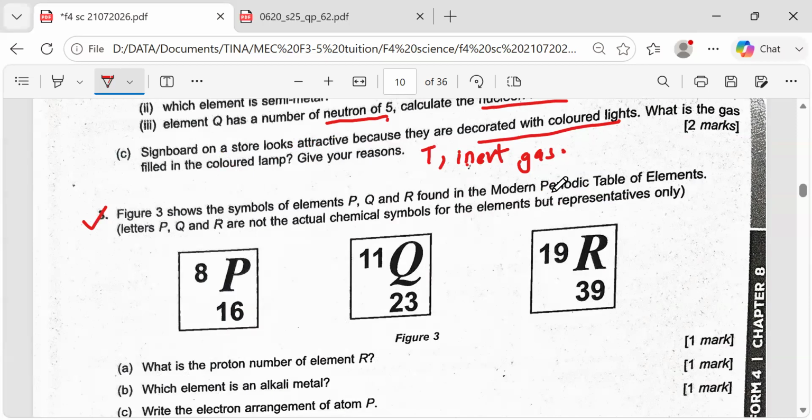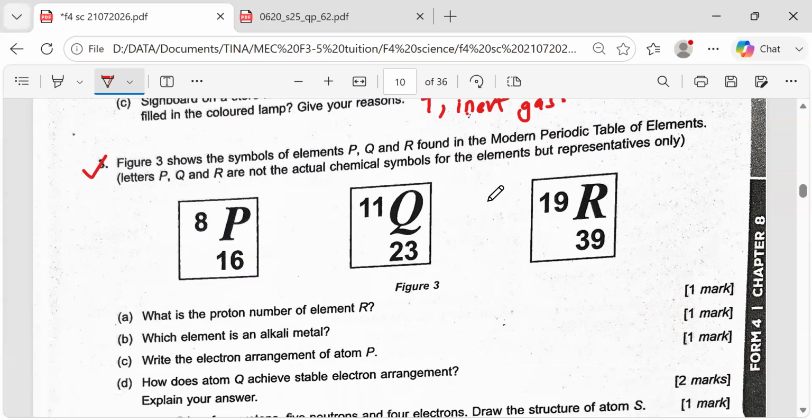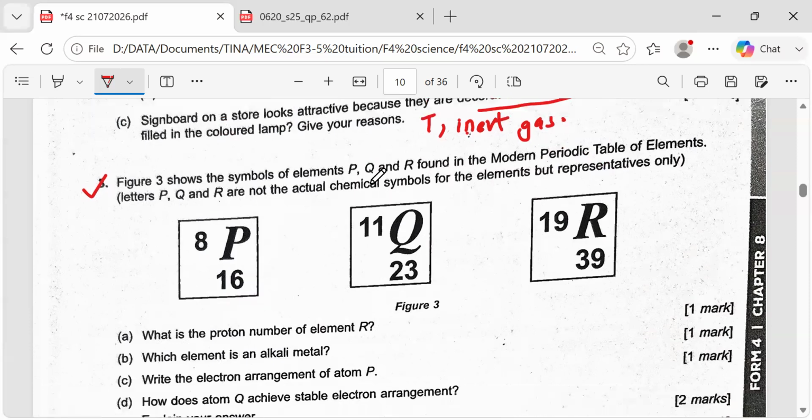Figure 3 shows the symbols of elements P, Q, and R in the modern periodic table. Letters P, Q, and R are not the actual elements but representatives only. Okay. What is the proton number of R? 19. Which element is an alkali metal? So you write down the electron arrangements: 2 8 1, 2 8 1, and 2 6.